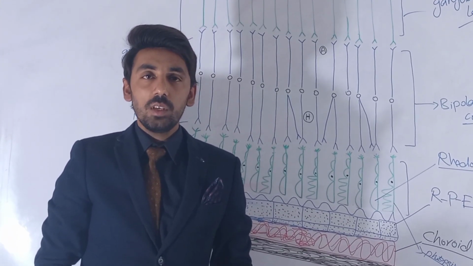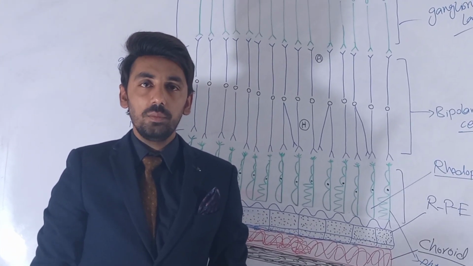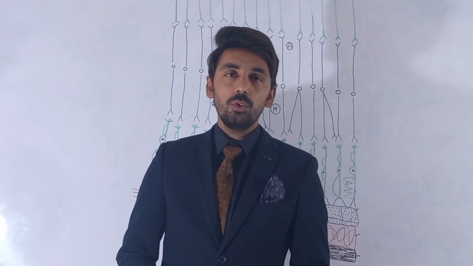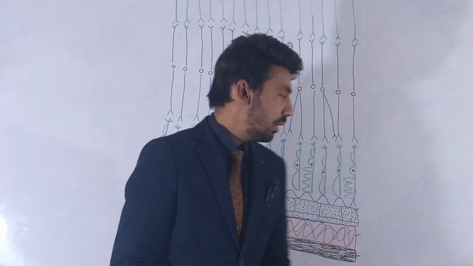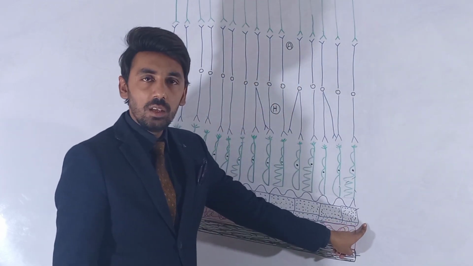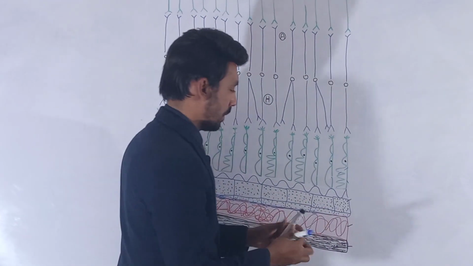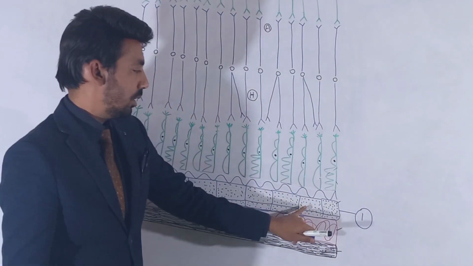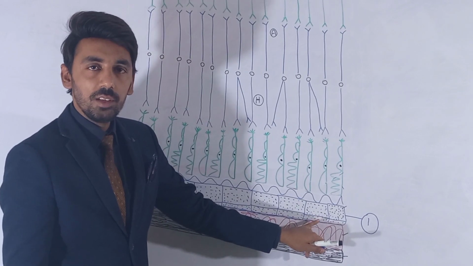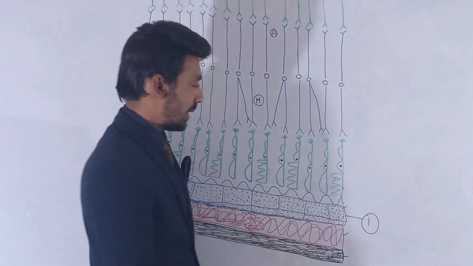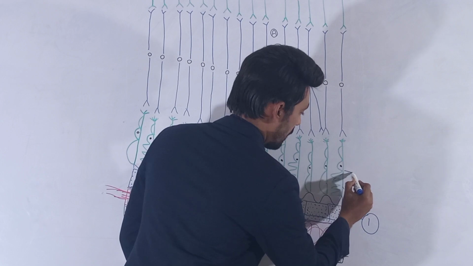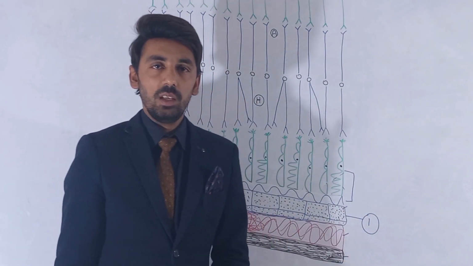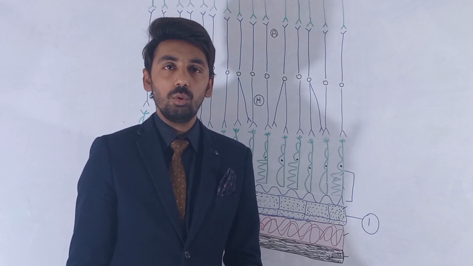And now we will discuss the 10 different layers of the retina. The very first layer of the 10 layers of the retina is called the retinal pigmented epithelium. So I will mention here, this is the first layer of the retina, which is called the retinal pigmented epithelium. And the next layer is called the photoreceptor layer, the layer of the rods and cones.